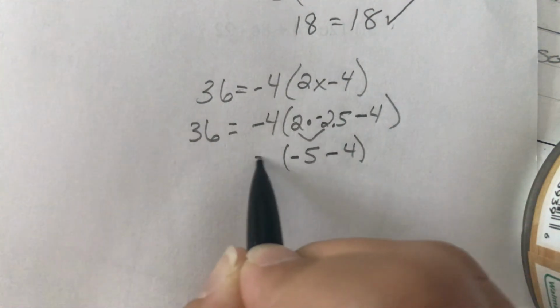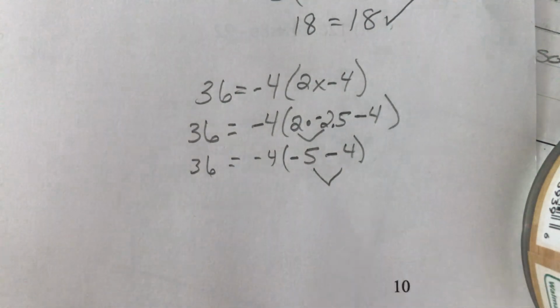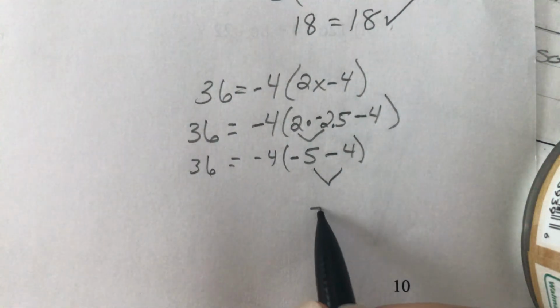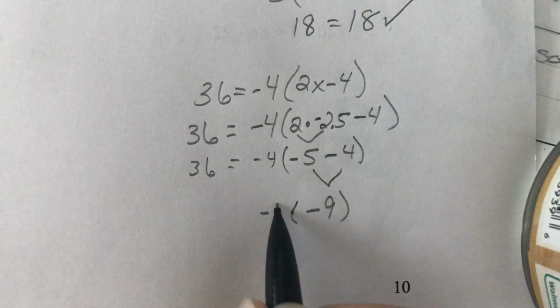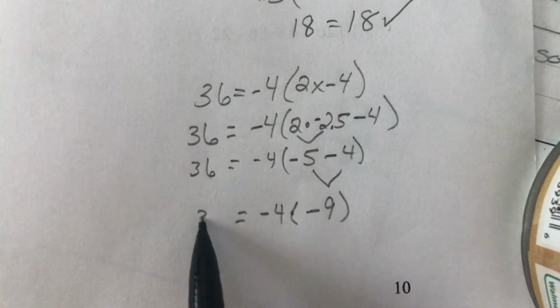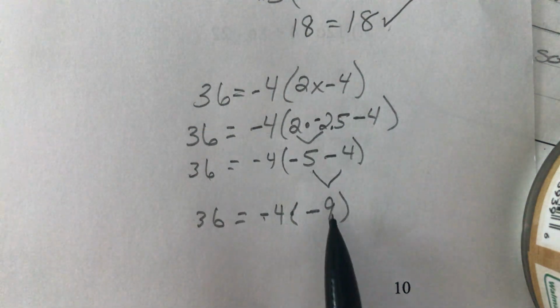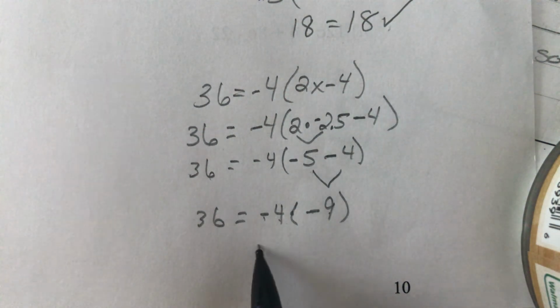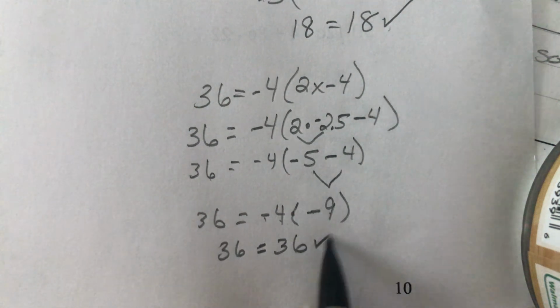And then I'm going to rewrite everything over here. I'm going to keep going. -5 minus 4 is -9. Negative times a negative is a positive. 4 times 9 is 36. So we didn't make any mistakes.